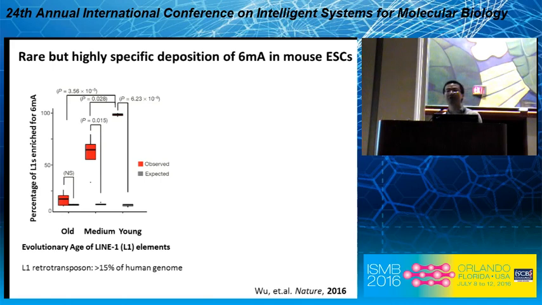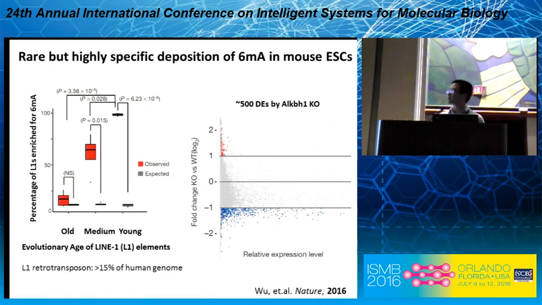And when we perturb the 6-MA status in the mouse ES cells, we see not only the differential expression of these L1 elements themselves, but also the nearby genes and also some of the enhancers. So this shows that it has a very specific location and also specific function.